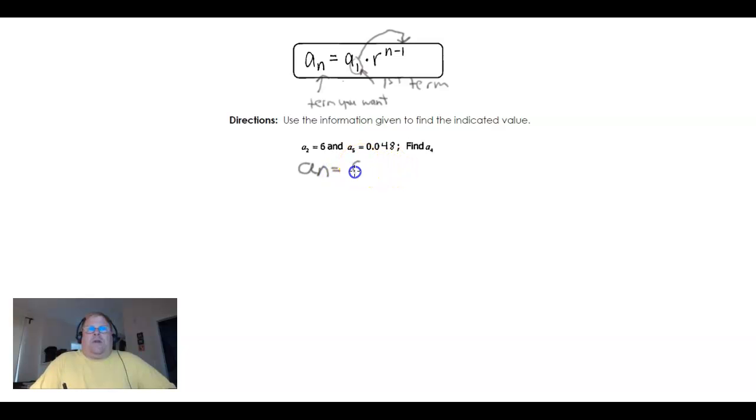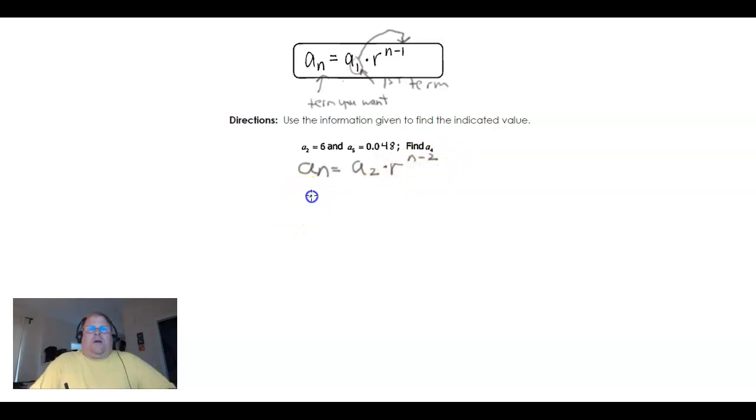And so you're going to put A2 in here. Okay, and then r^(n-2). So you're starting from the second term instead of the first term. So now you have the information that you need.